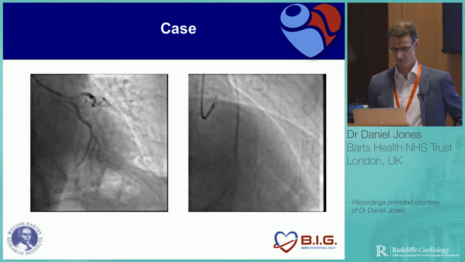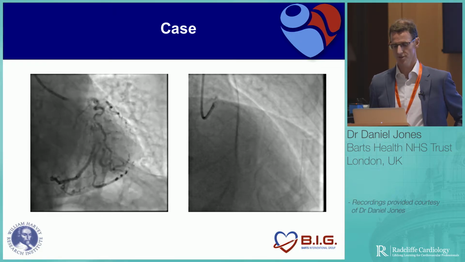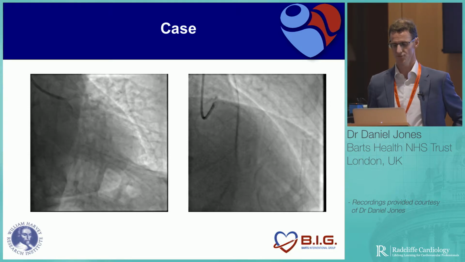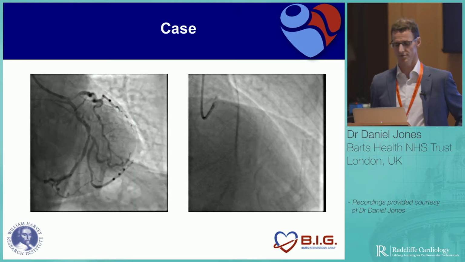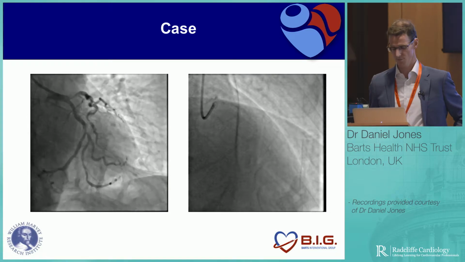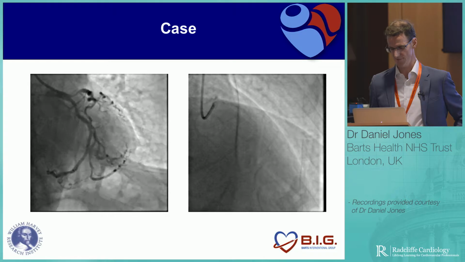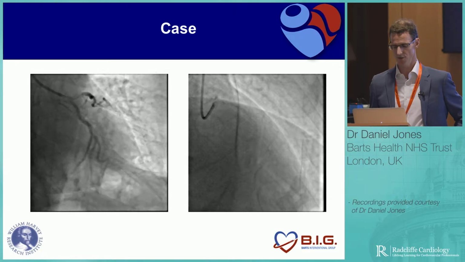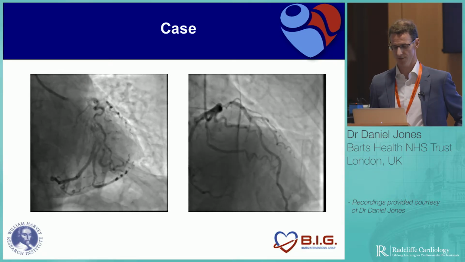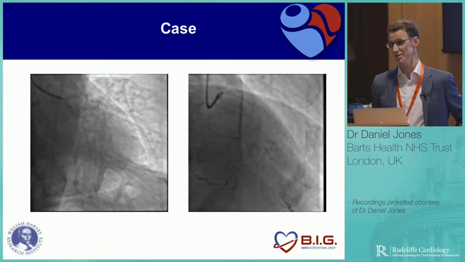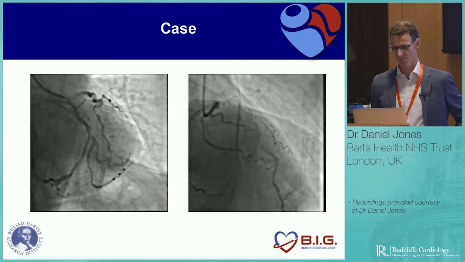These are the first diagnostic pictures. As you can appreciate from the PA caudal image playing in the bottom left-hand corner of the screen, there's a significant heavily calcified proximal ostial LAD lesion. It's a dominant circ, which is relatively unobstructed. And in the cranial image, again, we can appreciate the clear culprit lesion in the proximal ostial LAD with relatively unobstructed additional vessels.